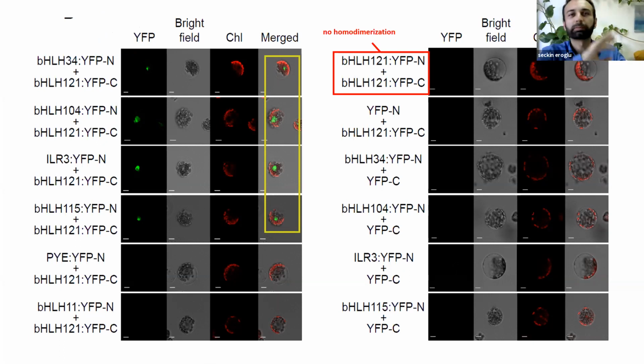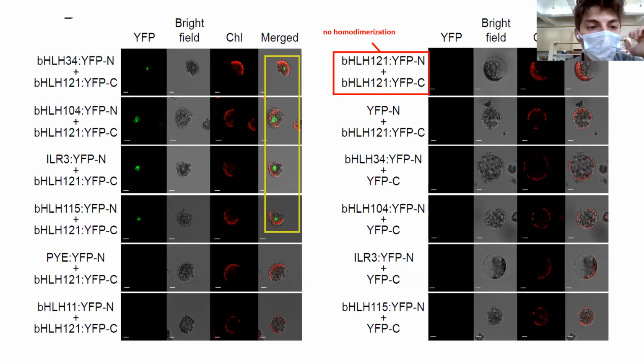There are a lot of different proteins which can interact with your protein. But if you do the experiment in yeast, since there are no plant proteins other than the ones you express, if they interact, it must be direct interaction.